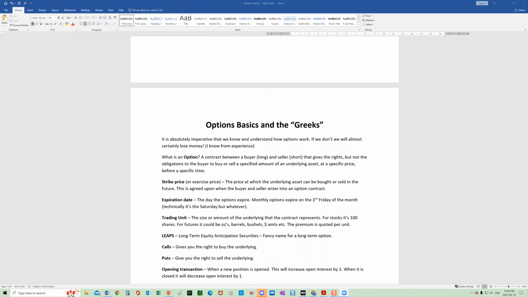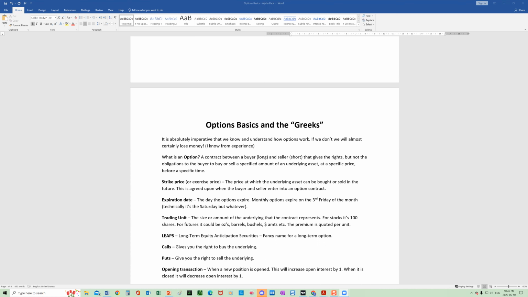So what is an option? An option is basically just a contract between a buyer and a seller. So if you're long an option, whether it's a call or a put, you are the buyer, you are considered to be long, okay? And the seller would be short. So even though you might buy a put option like we did with SPY, SPX over the last few days, you are still long that put option. Okay, so when we're referring to long and short with options, we're referring to what side of the transaction you are on.